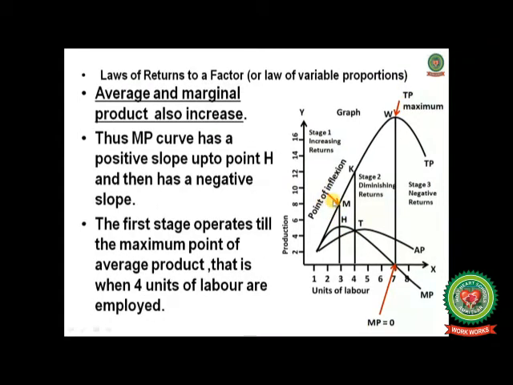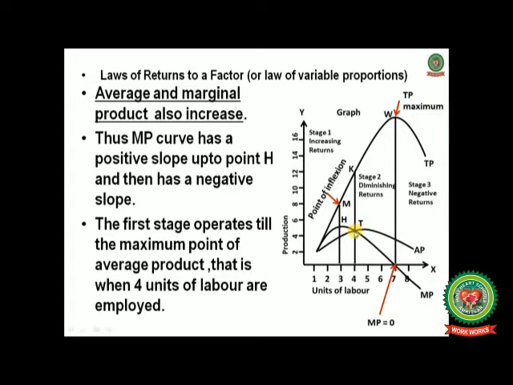Next, average and marginal product also increase, but the marginal product has a positive slope up to point H, and then it starts falling and reaches a negative slope also. The first stage operates till the maximum point of average product, that is with the 4th unit of laborer, and they intersect with each other, that is MP and AP.